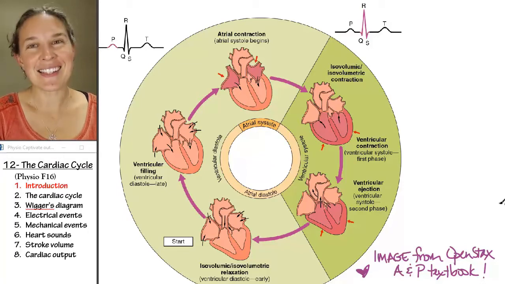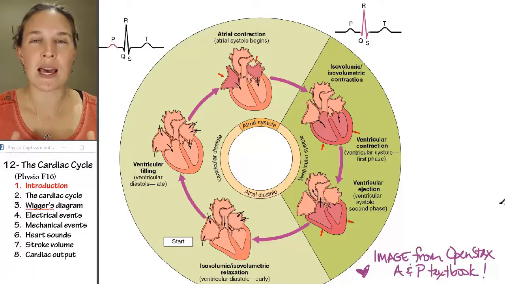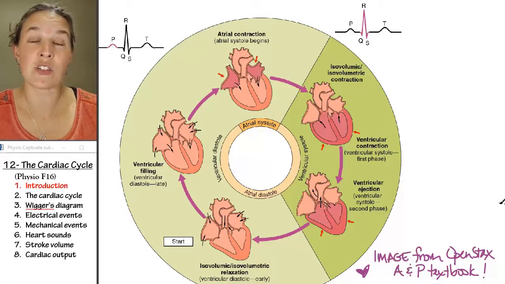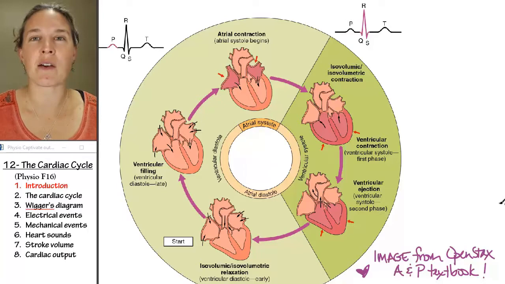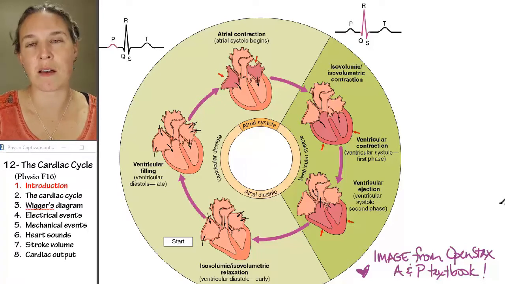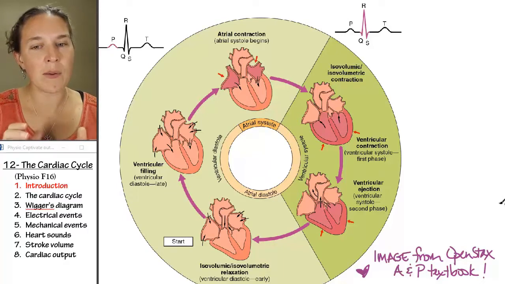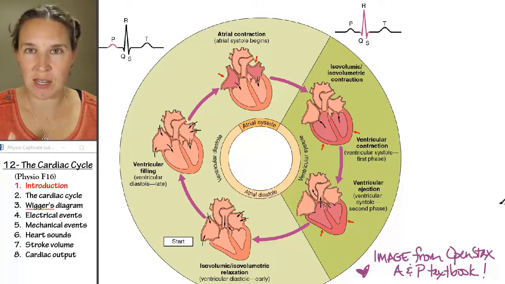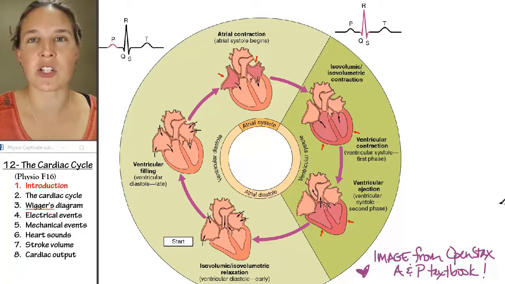In the last lecture, we talked about the cardiovascular system. We did heart anatomy, and then we dove into the kinds of cells that make up the myocardium, or the muscle of the heart itself. We looked at two types of cells and examined how they function.